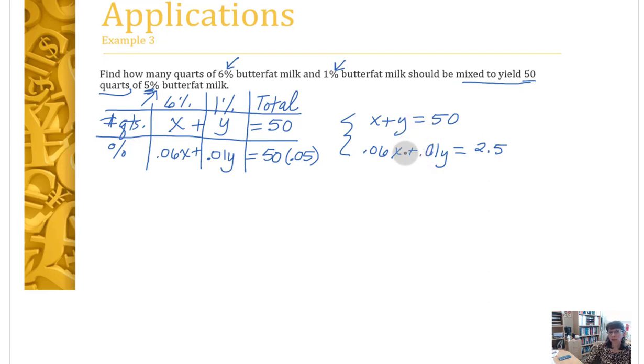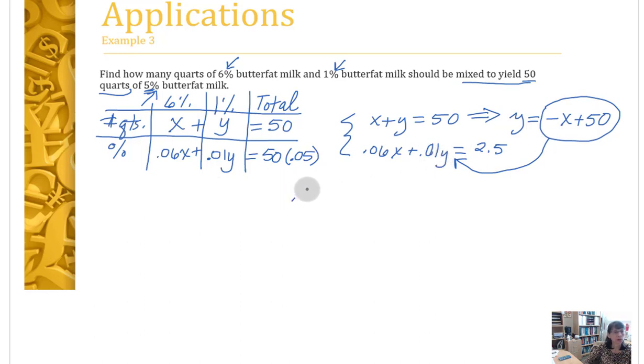Now, it looks like substitution would be a quick method, so I'm going to rewrite that first equation in terms of y. So that means I'm subtracting x from each side of that equation. Negative x plus 50 will be on the right. So I now have a substitution. Instead of y, I'm going to substitute negative x plus 50 into that second equation.